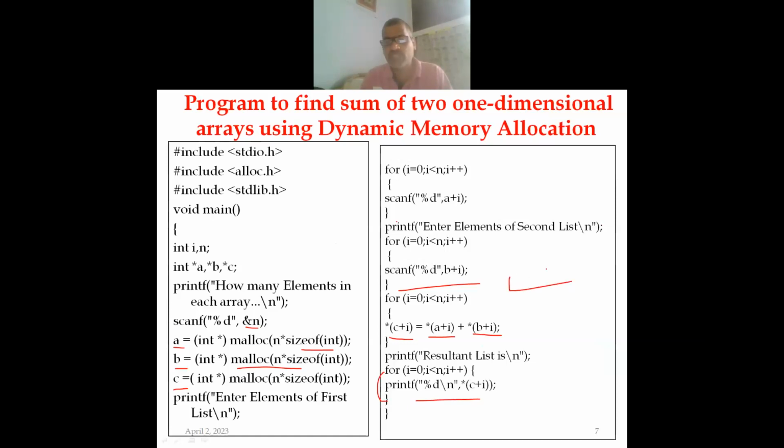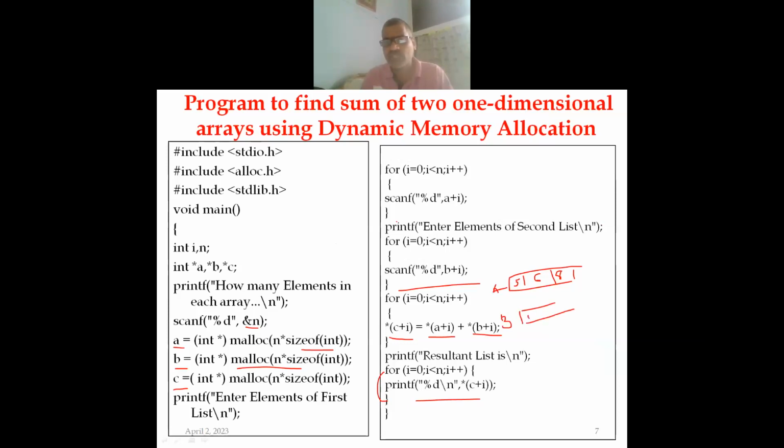This is a very simple example here. Suppose A is a one-dimensional array having these three elements, for example 5, 6, and then 7. And B is another one-dimensional array having the elements 1, 2, 3.